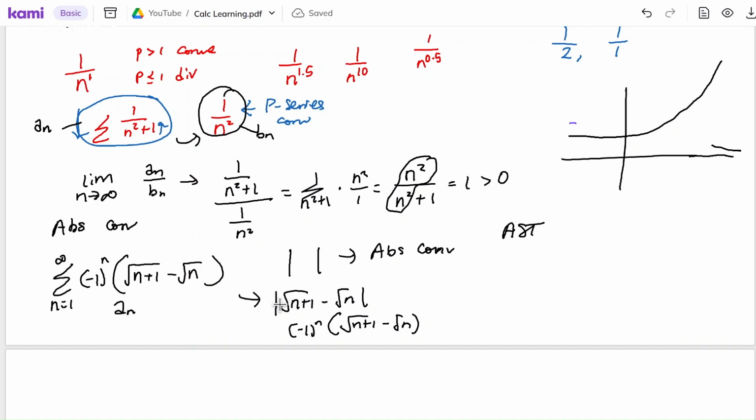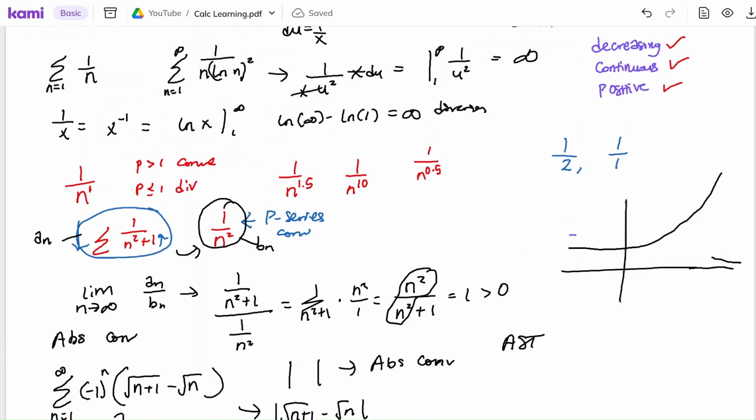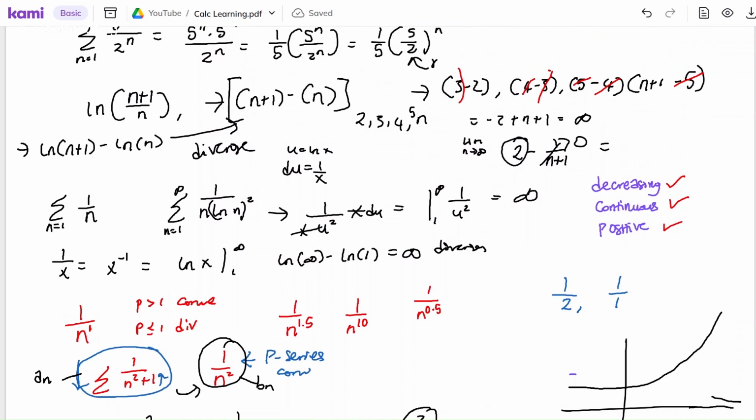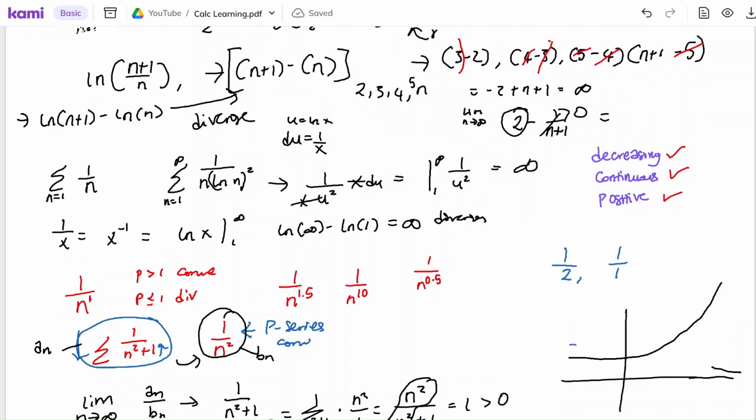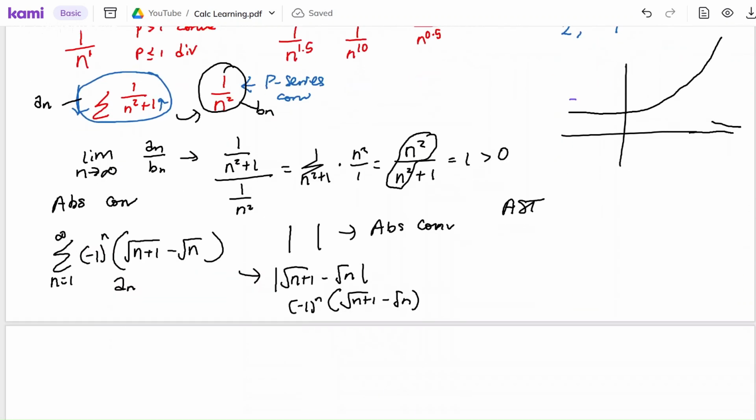So the first step is we're going to check the convergence of the absolute value of the series. This is a telescoping series, and one thing I know is that this series up here is actually the exact same series but with a squared instead, but the idea remains.